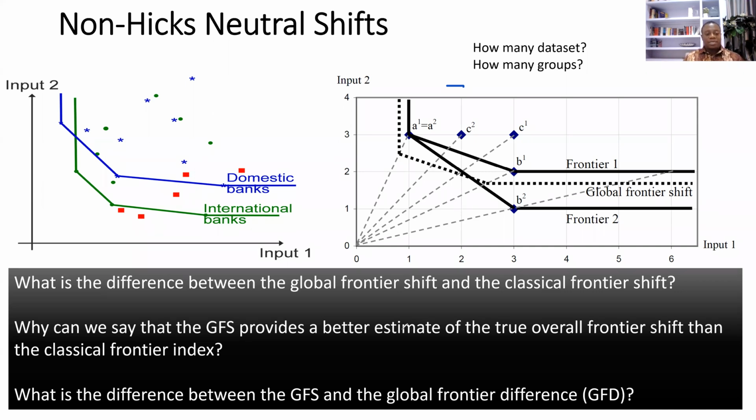Okay, next one. Why can we say that the global frontier shift provides a better estimate of the true overall frontier shift than the classical one? Why can we say that the global frontier shift gives a better estimate?